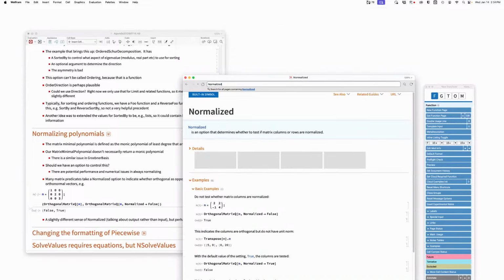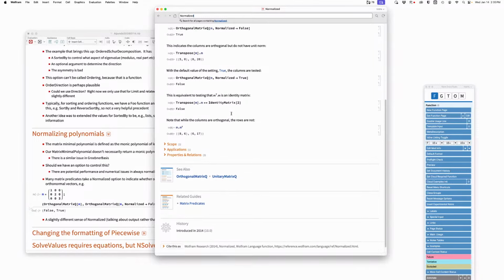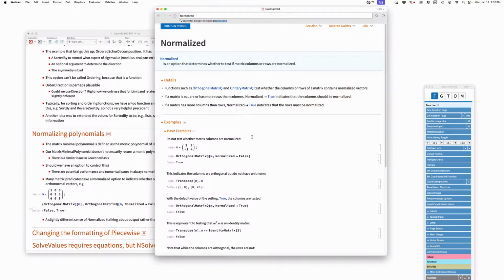It's a bit of a misnomer actually, but it's something Zbigniew put in, where rather than testing that the matrix is truly orthogonal, i.e. has orthonormal rows or orthonormal columns depending on its shape, it just requires that the relevant direction be orthogonal. So this clearly non-orthogonal matrix is okay.